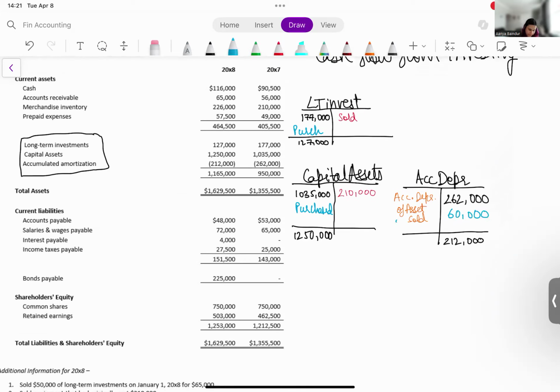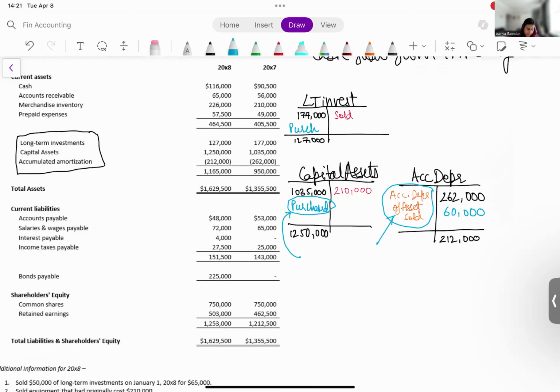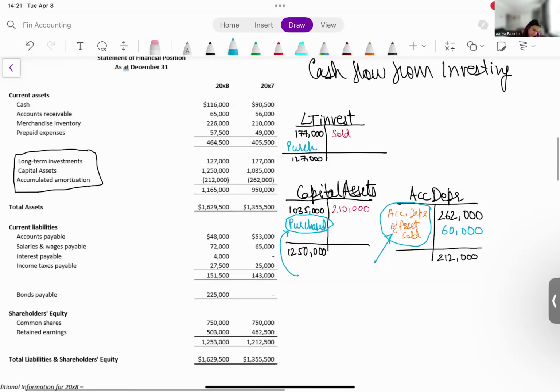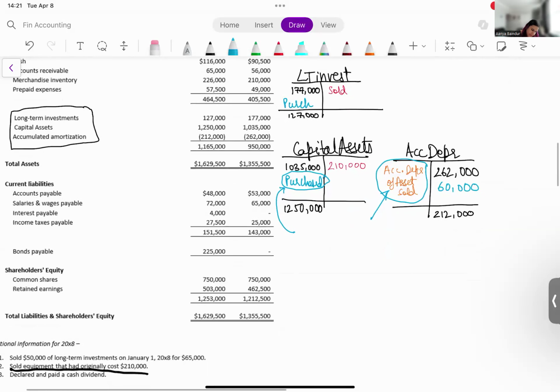Now you have to find what the accumulated depreciation for the assets sold is. You can see that that's the only missing value here, so it's fairly easy to find. At the same time, there's only one missing value here, which is the original cost of the assets purchased, so we can find that value there. Lastly, when we sold this asset, that's the original cost of the asset.